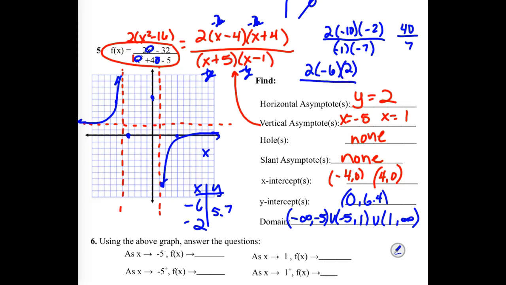Denominator, we end up with 3 times -3. So we end up with -24 divided by -9. So positive 2.7. All right. So at -2, we're up at 2.7.